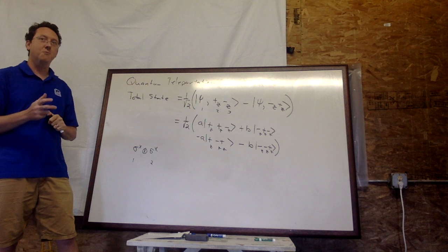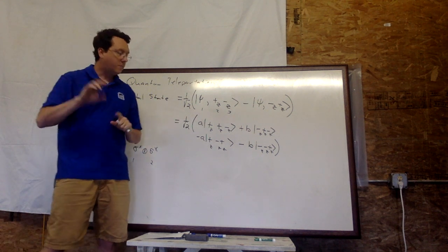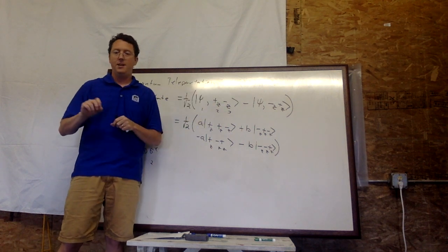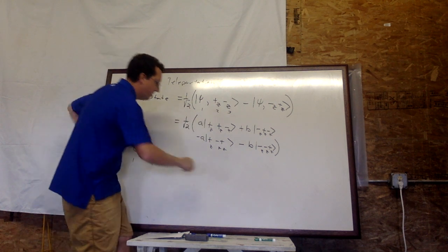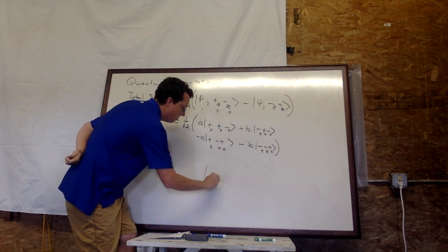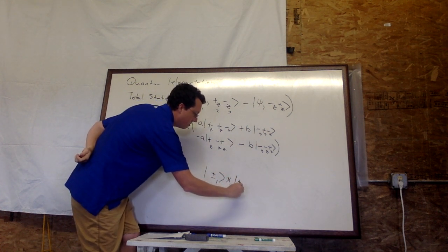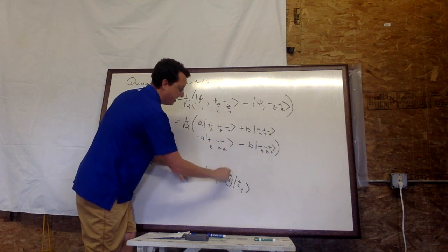Tensor products don't work that way. Tensor products multiply. With spin states, you have two-dimensional spaces. If I do the tensor product of plus-minus 1 with plus-minus 2, this compressed notation is shorthand for that.